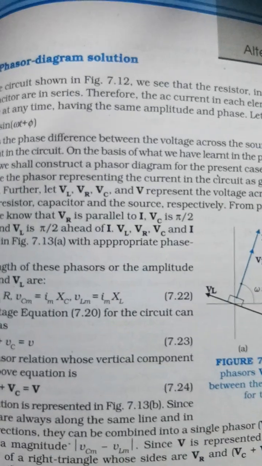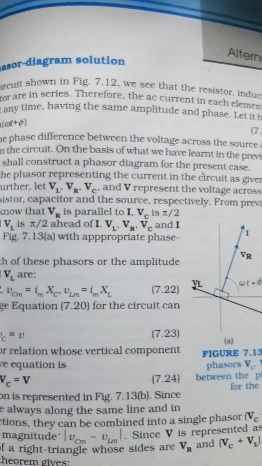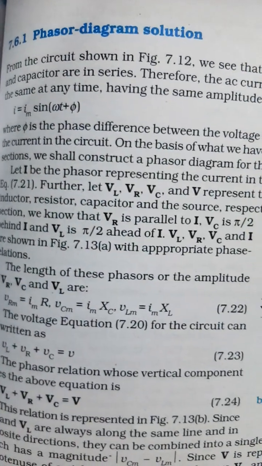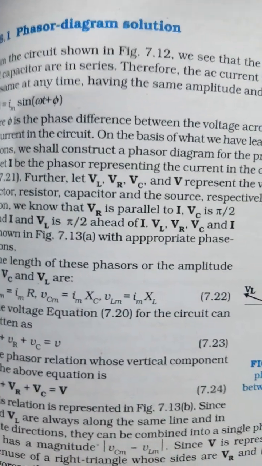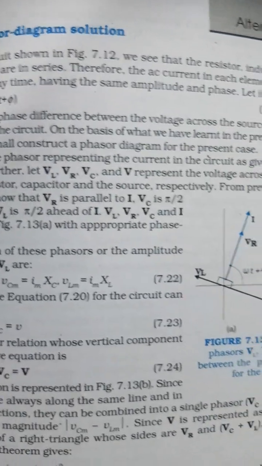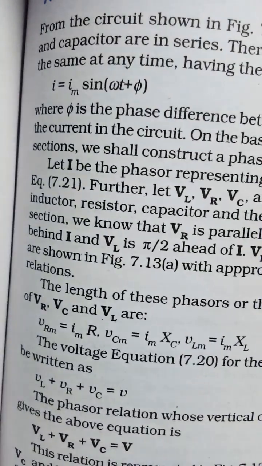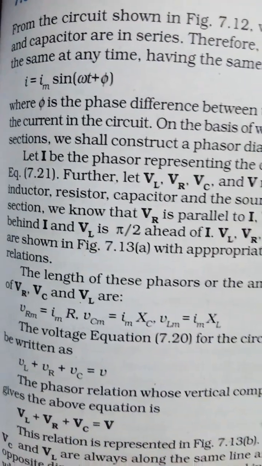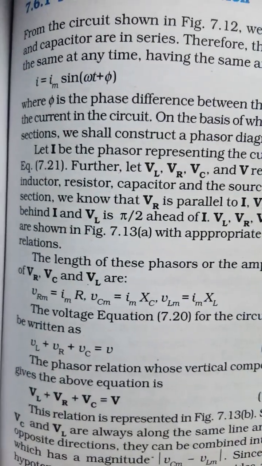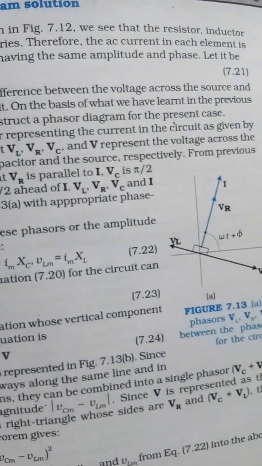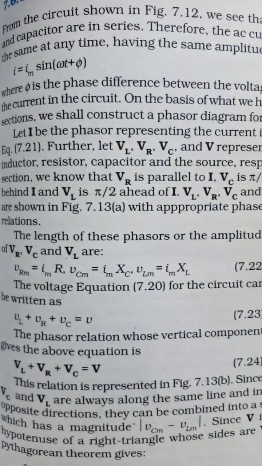Therefore, the AC current in each element is the same at any time, because they are in series, having the same amplitude and phase. Let i = im sin(ωt + φ), where φ is the phase difference between the voltage across the source and the current in the circuit.